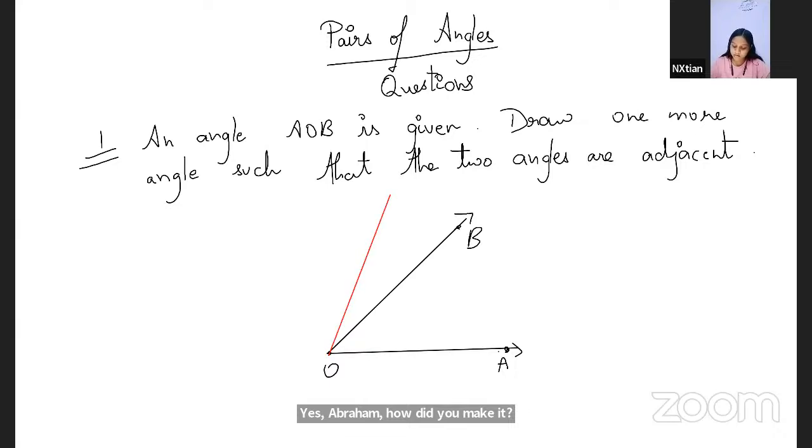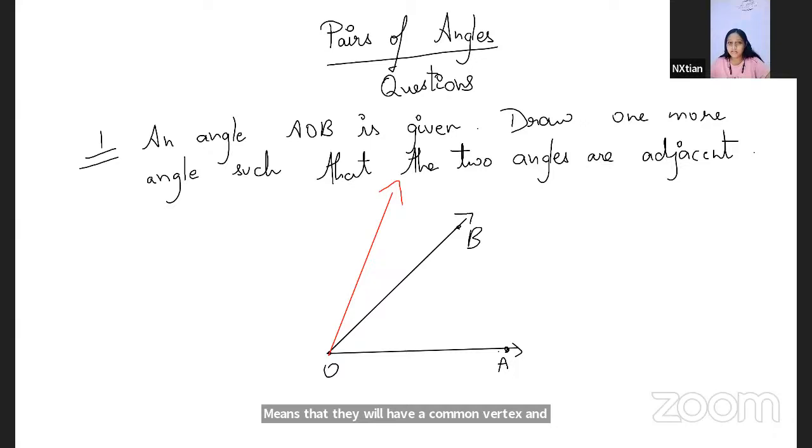I couldn't understand how to draw it. See, we had a given angle AOB, and we had to make one more angle such that the two angles are adjacent to each other. What is adjacent? It means they have a common vertex and a common side.